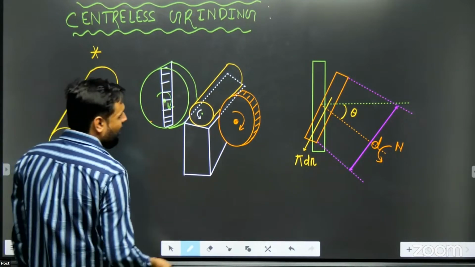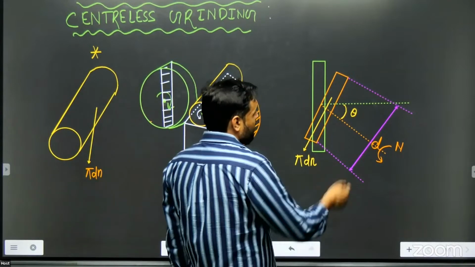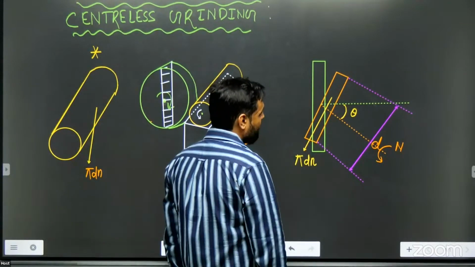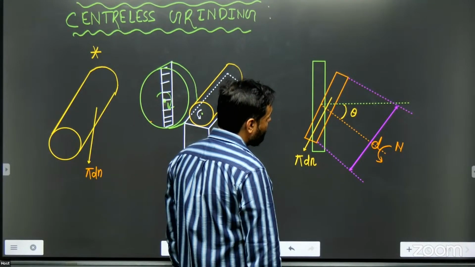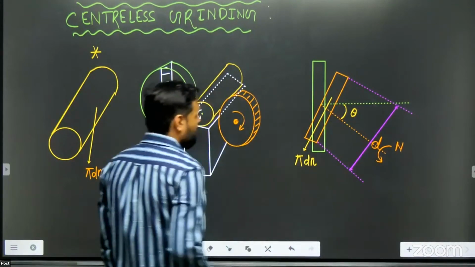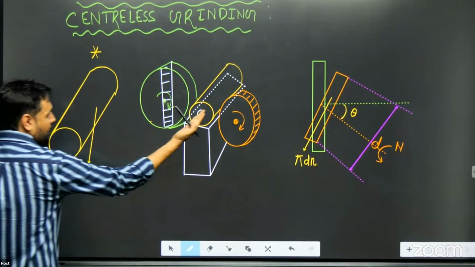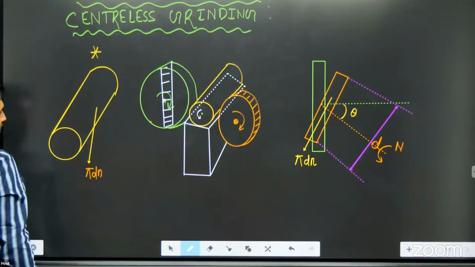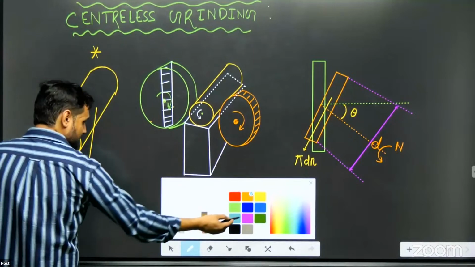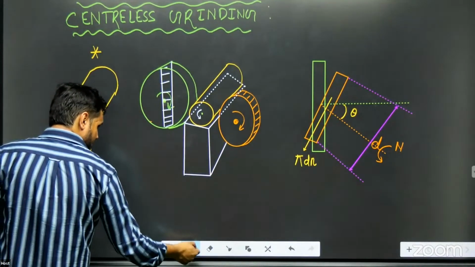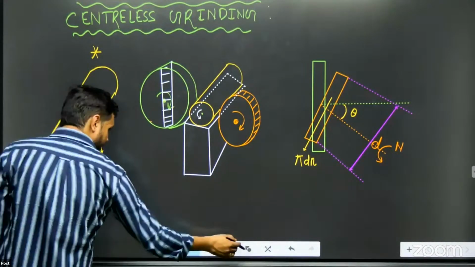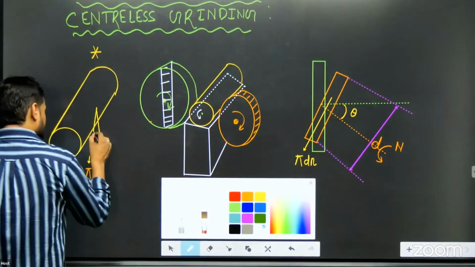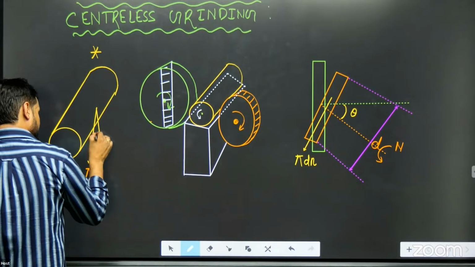And with the vertical, how much angle will it make? Since with the horizontal it is theta, how much angle is it going to make with the vertical? Since this has been sloped by this angle theta, so here also this will be theta, because of the slope it has got.